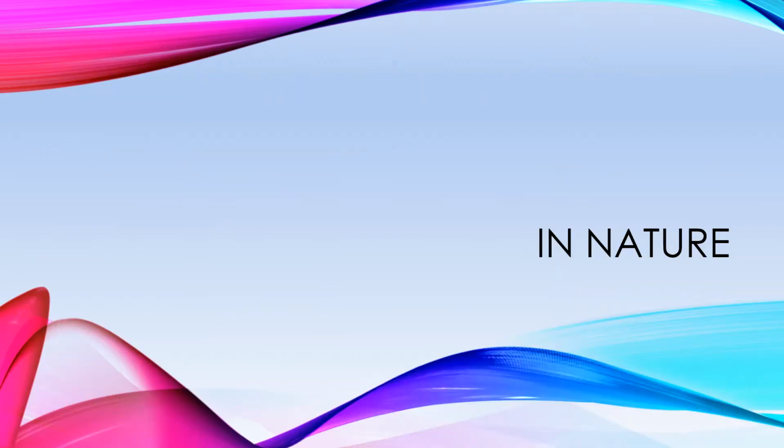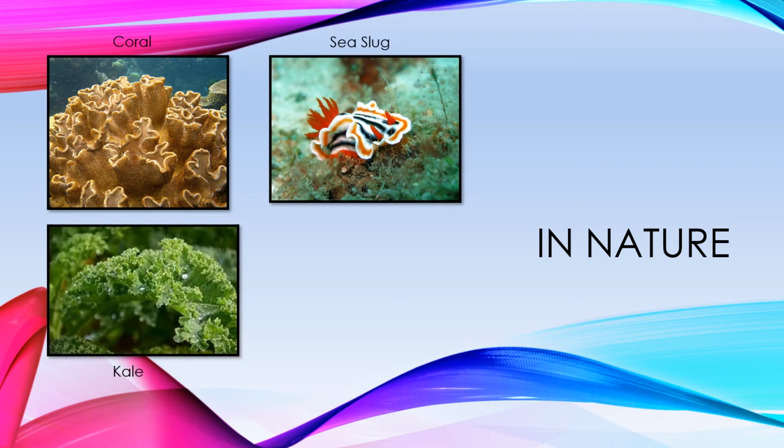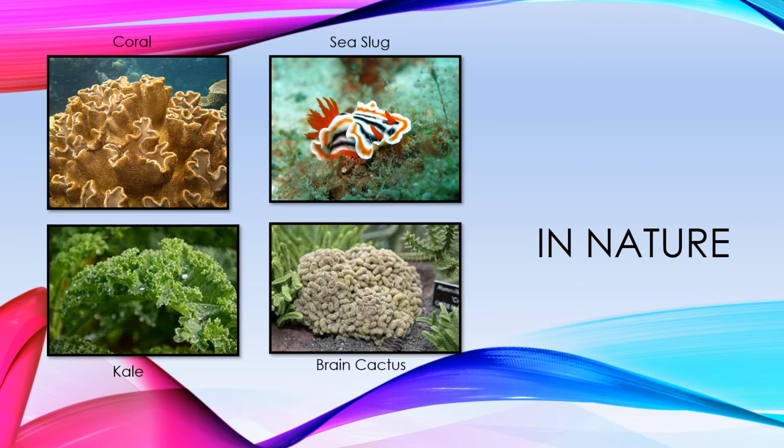Well, there's more in nature that can be described by hyperbolic geometry, such as corals and sea slugs, otherwise known as nudibranchs. Plants such as kale, lettuce, and holly leaves grow in that ruffled negative curvature style, and cacti can often also have hyperbolic geometry.